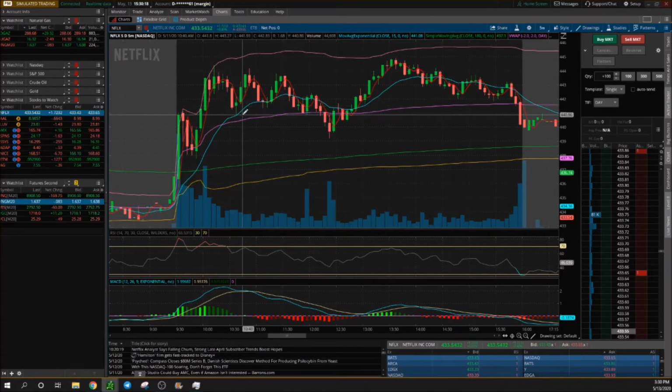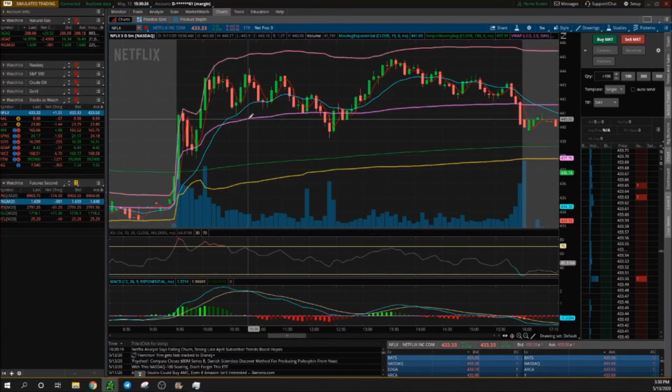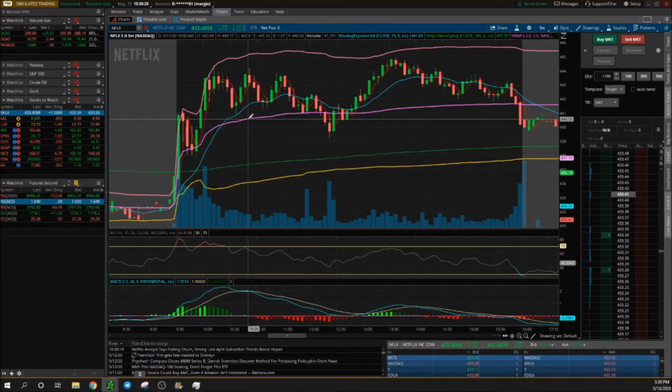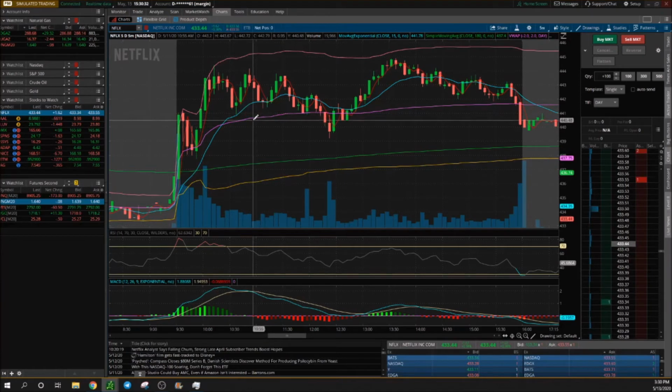The reason why I have my stop loss set at the bottom of this candle is because if we break below this point, now we have confirmation of a reversal, right? So now we're getting lower lows. And at that point, holding this stock is no longer valuable to me because it did not go according to my plan, right?